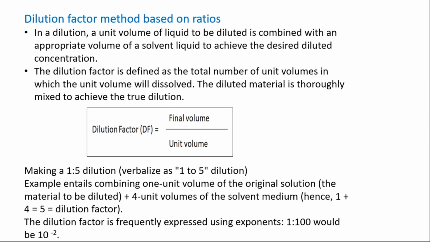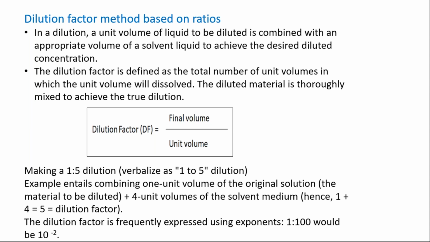Very often in the labs, we use the word dilution factor method, and you will see that we say diluted 100-fold or diluted 5-fold, and verbally we say 1 to 5 dilution, or 1 to 10 dilution. So how do you do this?